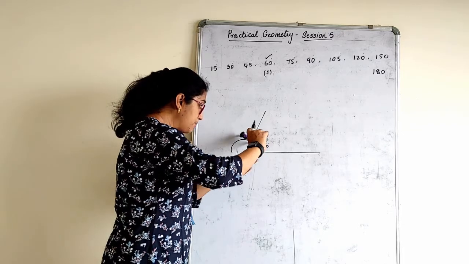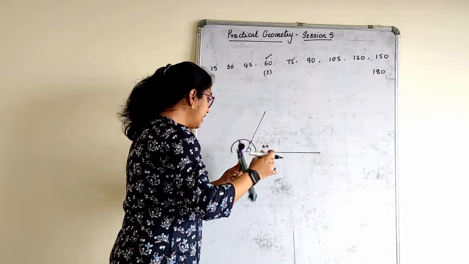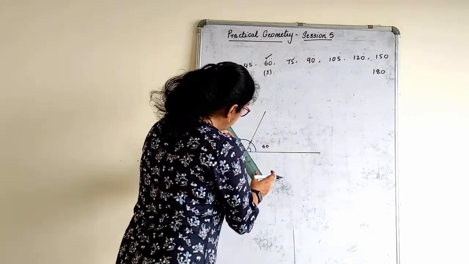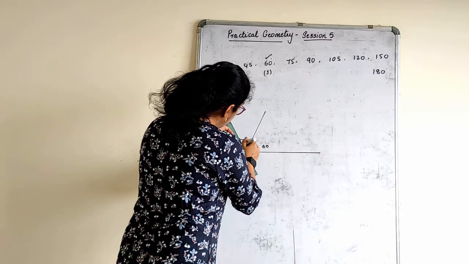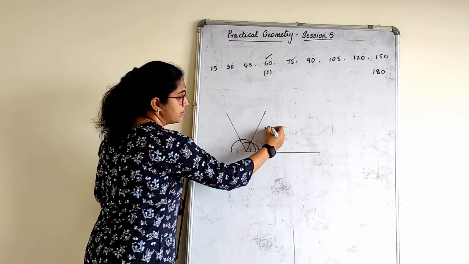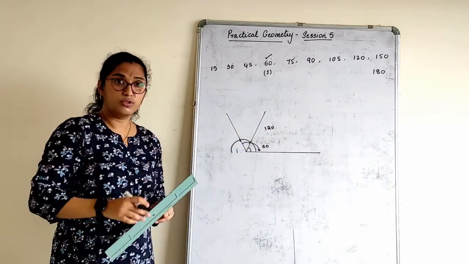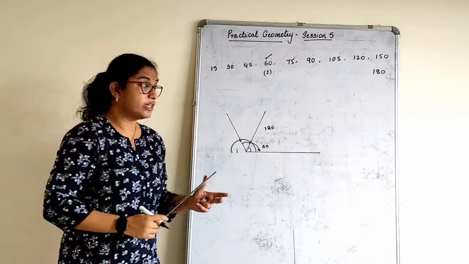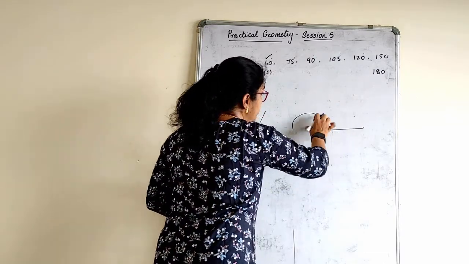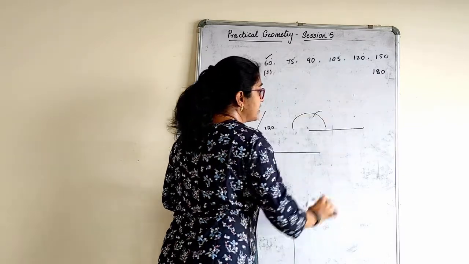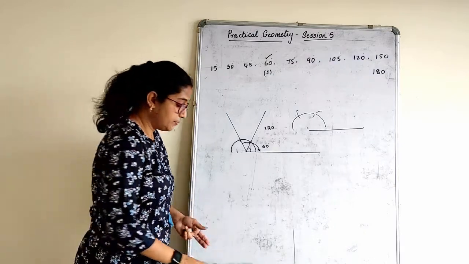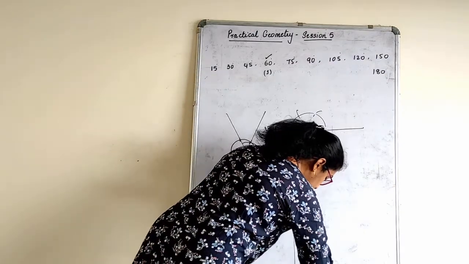Then keep my compass here and cut a second arc with the same radius. This is 120 degree. Understood how to construct 60 degree and 120 degree? Simple. When we draw an arc here, the first arc is 60 degree, and the second arc is 120 degree, right? Okay. Let's go for the next construction.